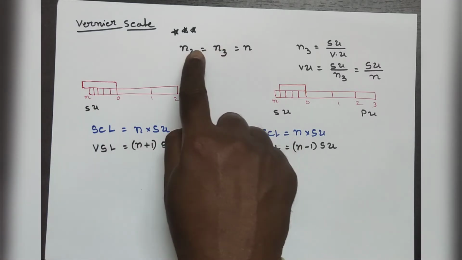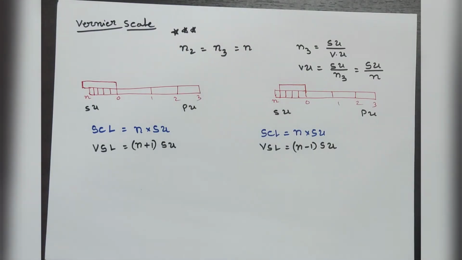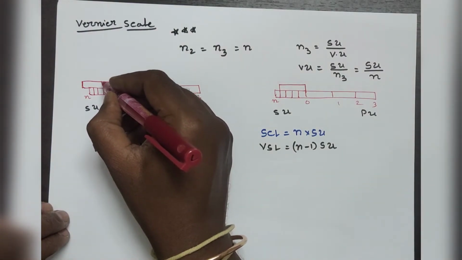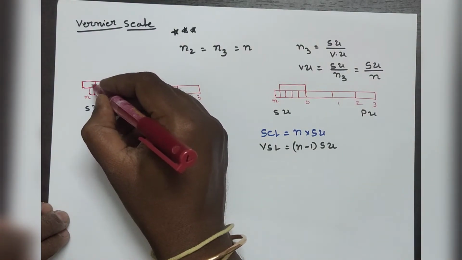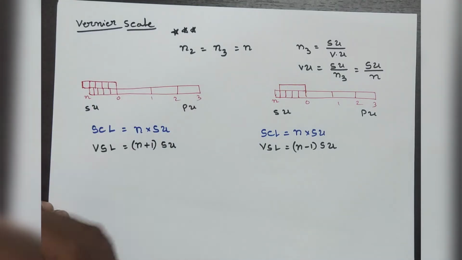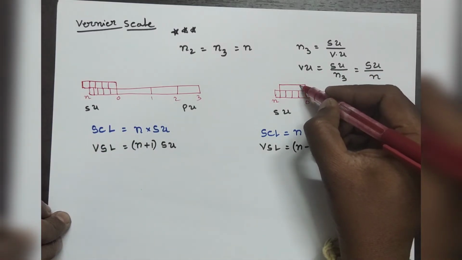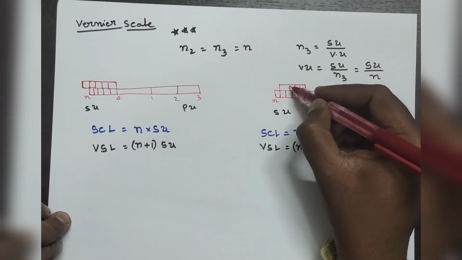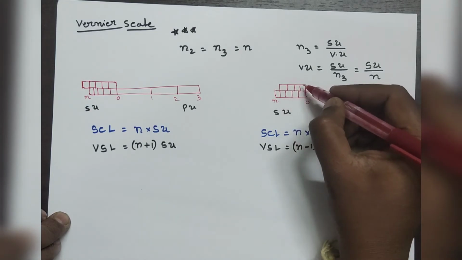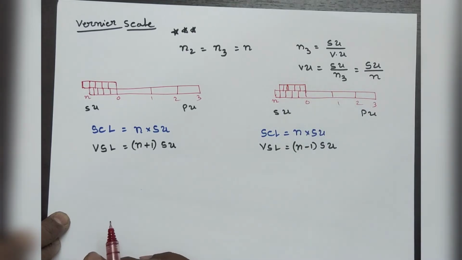So secondary divisions n2 is n, vernier divisions n3 is also equal to n. So on that time what will happen? We are going to have 1, 2, 3, 4 like this. Here I made 4, not a problem. In the other case, it is n. So I am going to divide like this, and we are going to get like this.